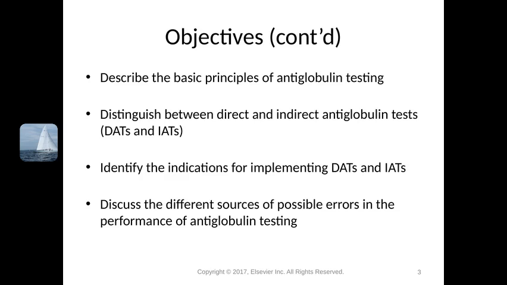Makes it a little easier to understand. So we'll go through and look at the reagents that you utilize. This is basically just an introduction. We'll start talking more specifically about this when we get into the actual workups as well. And then obviously looking at sources of error is always important.